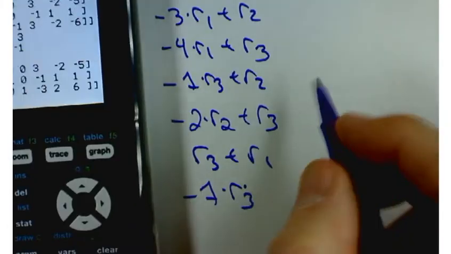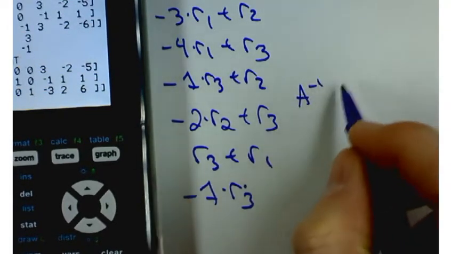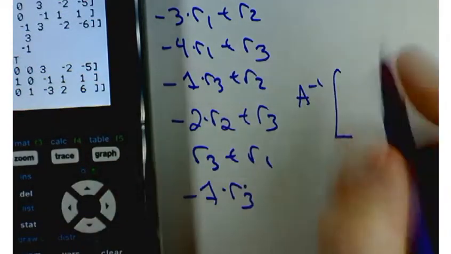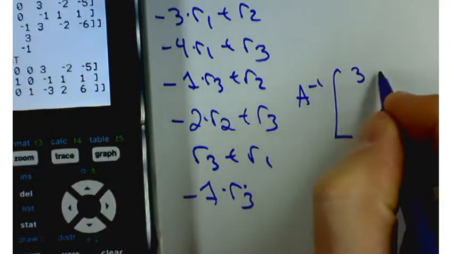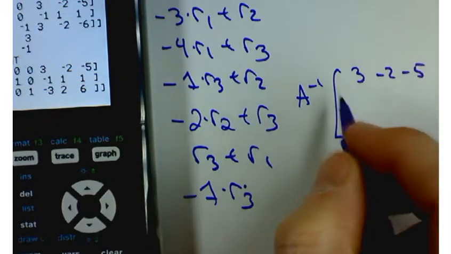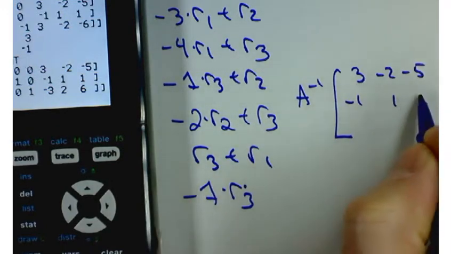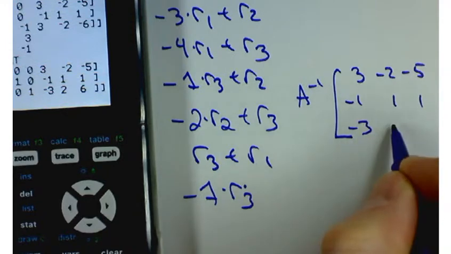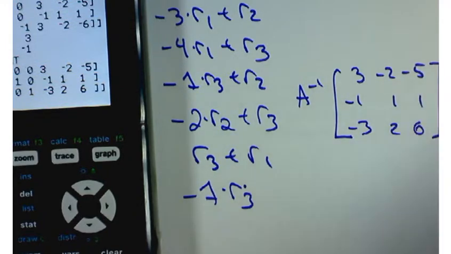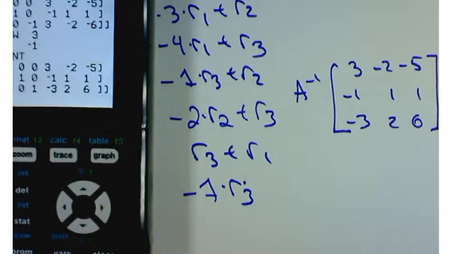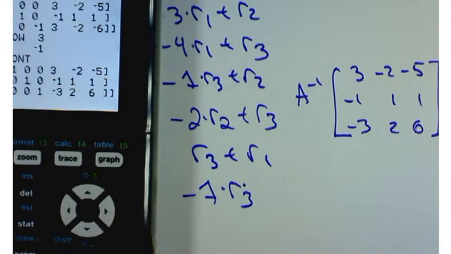So your inverse matrix, A inverse, is, let's see, 3, -2, -5, -1, 1, 1, -3, 2, and 6. So that's your inverse matrix. It's just the right-hand side of this. Are we okay so far?